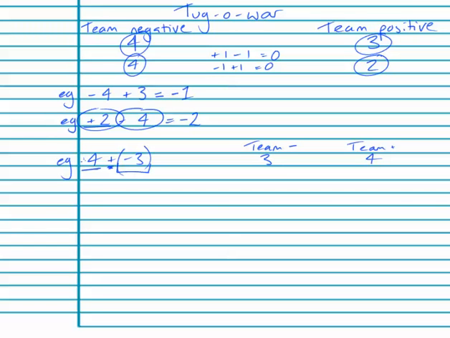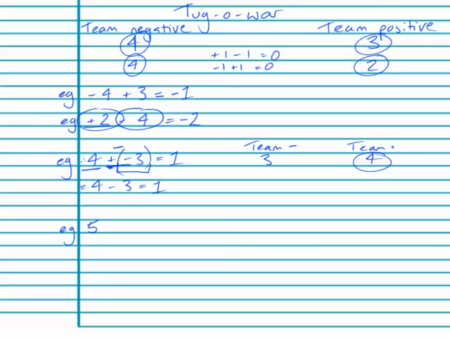Team negative has 3 people. Team positive has 4. Which team will win? Team positive's bigger this time, so I don't need to put a plus down, and they're bigger by 1 person. When I've got plus and minus right together like that, it's really the same as saying minus. This sum was 4 minus 3. We can do that. It's 1. So we don't need to get too confused. Sometimes it's just an ordinary sum.